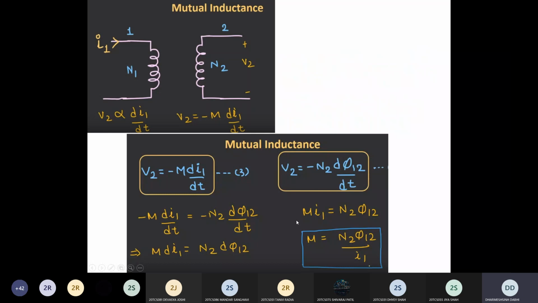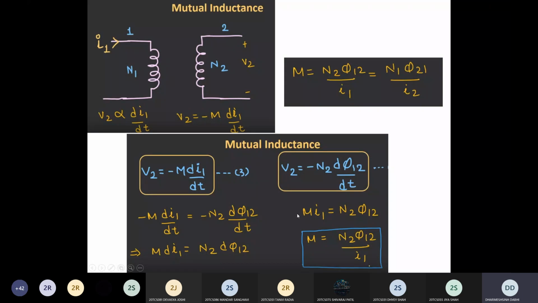Finally, we derive the equation of mutual inductance M, which is N2 φ12 divided by I1 when current is flowing into coil number 1. In the same way, when current is flowing into coil number 2, it is N1 φ21 divided by I2.